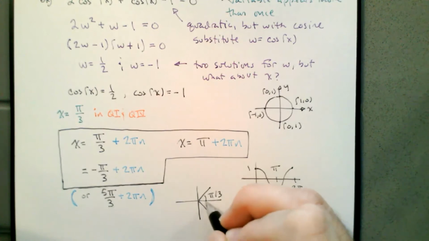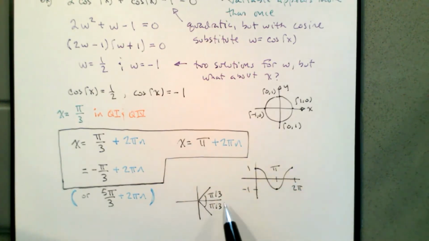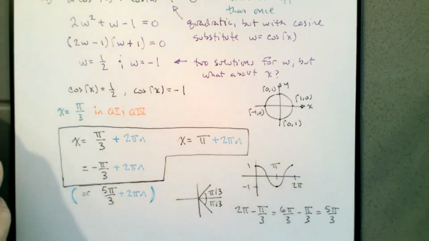And so I needed to put a pi/3 in the 4th quadrant. And so one way we can do that is we could take 2 pi minus pi/3. 2 pi is 6 pi over 3 minus pi/3 for 5 pi/3. So that's where the 5 pi came from.